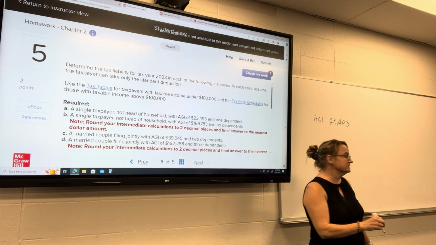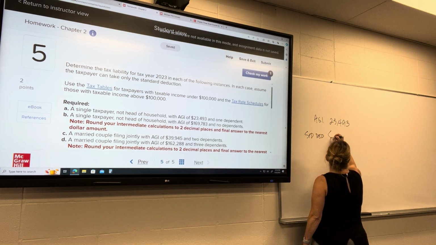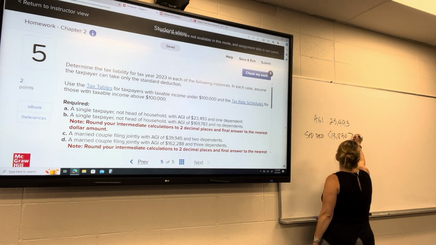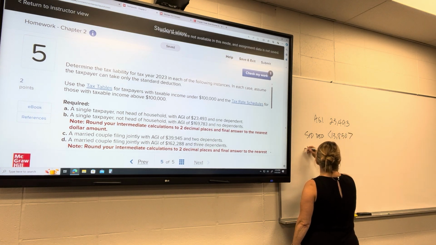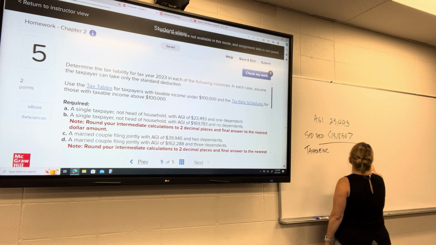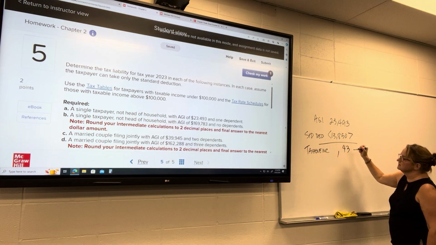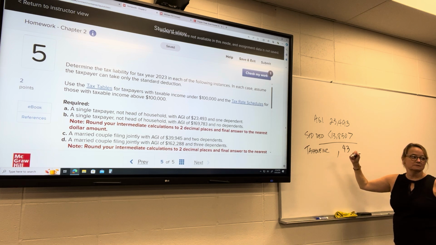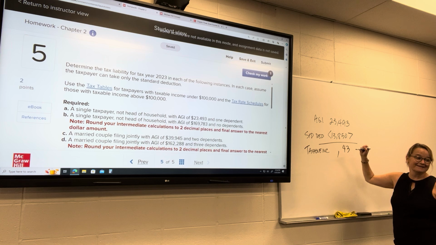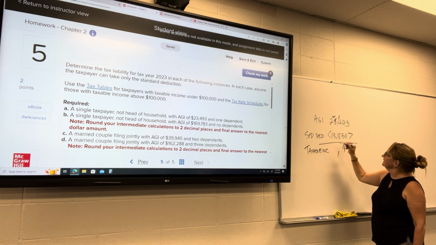Single taxpayer, what's the standard deduction? 13,850. This arrives at our taxable income. Somebody can do the math for me so I don't have to carry. So, 9,643.